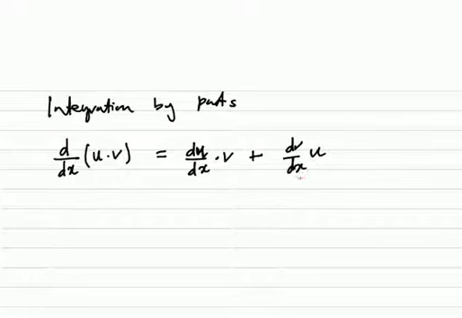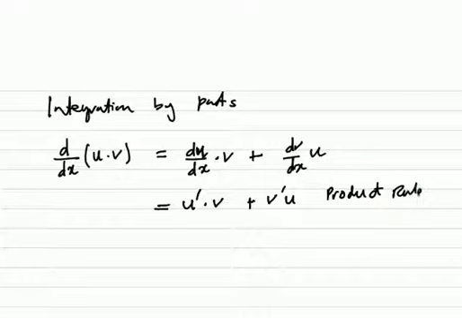Here I'm just using x to mean the independent variable. It could be t, or another independent variable depending on the situation. Or we can abbreviate this and say u prime multiplied by v plus v prime multiplied by u, and this was the product rule for differentiation.